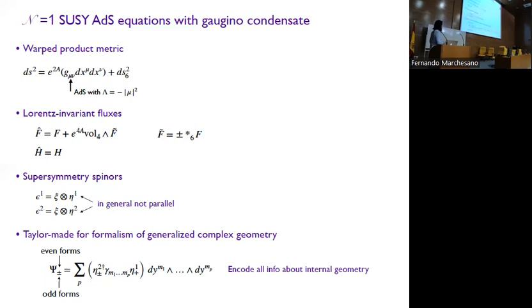Depending on the relative chirality of these two spinors, you have only odd forms or even forms. The one that is made of even forms we call psi plus, and the one that is made of odd forms we call psi minus. And this encodes all the information about the internal geometry. Well, all the information is encoded in the spinors, but it's much nicer to encode it in these bilinears of the spinors.